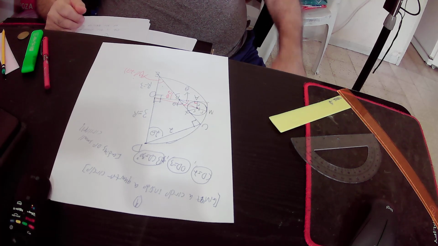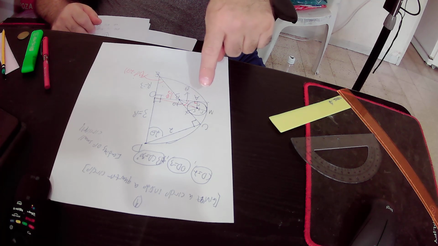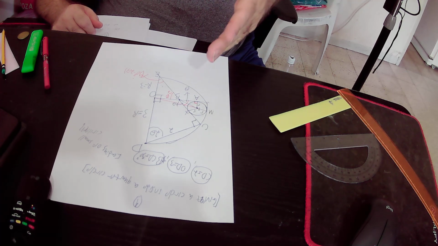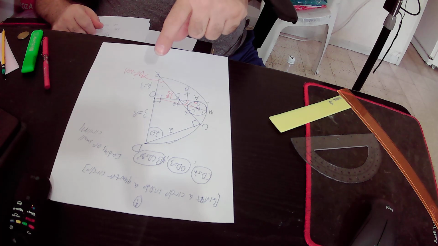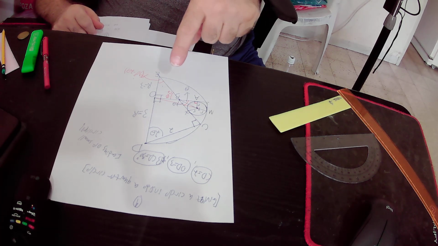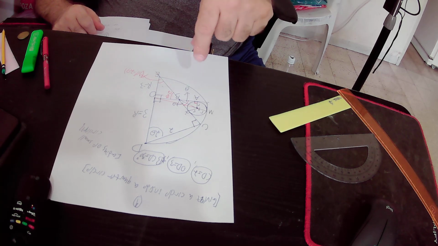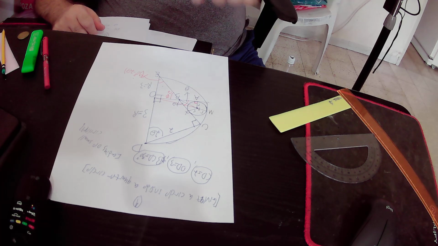That is to say, angle DCE, a peripheral angle that equals 90 degrees, must rest on the diameter of the quarter circle. That is to say, DE is the diameter of this quarter circle.